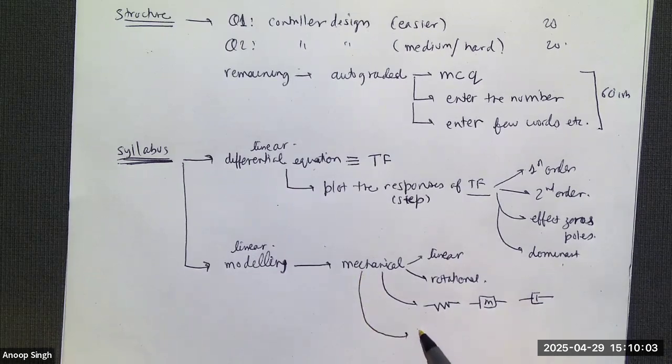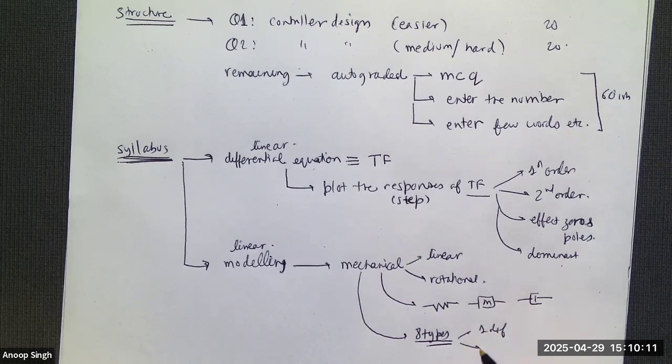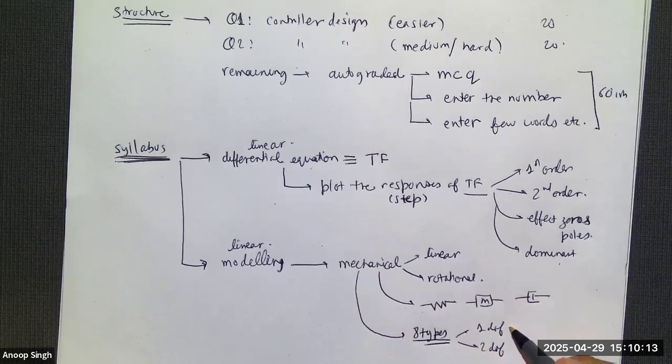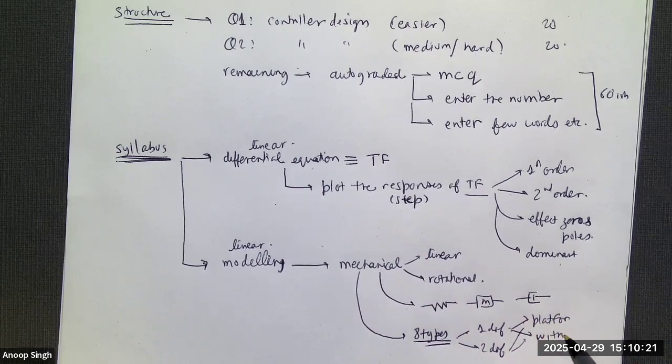Particularly, we talked about these 8 types of problems. These were the problems which had 1 degree of freedom or 2 degrees of freedom. We did this problem either with a platform or without a platform.